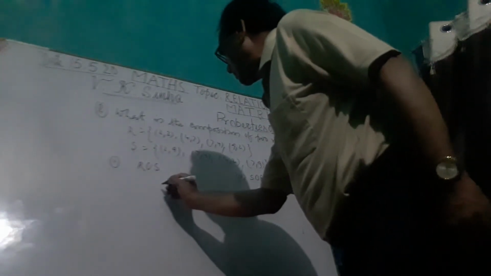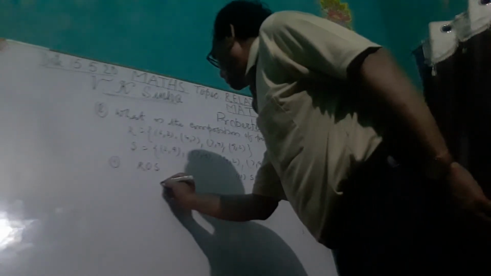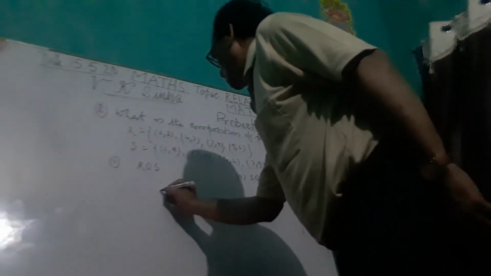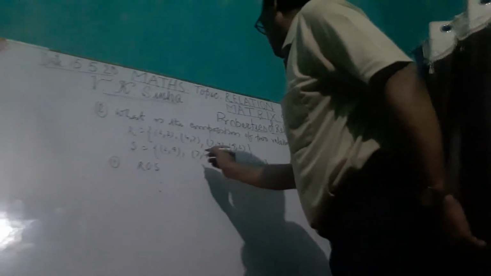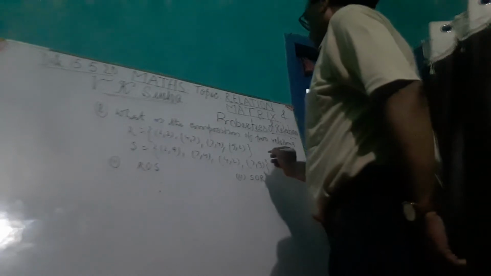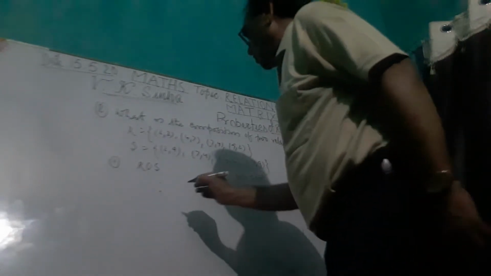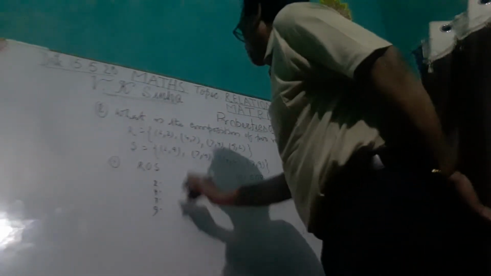So write here the domain of S first, and the domain of S is equal to 2, 4, 7. Write all the elements, 2, 4, 7, 9.